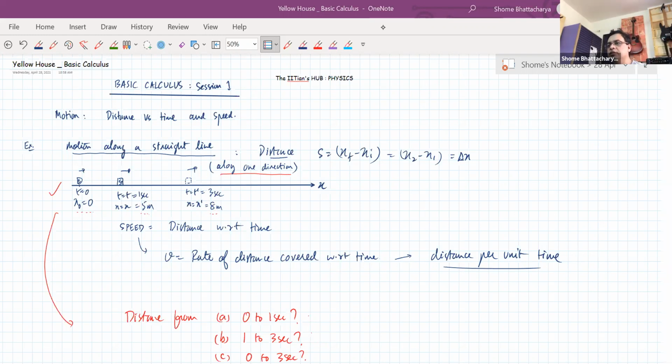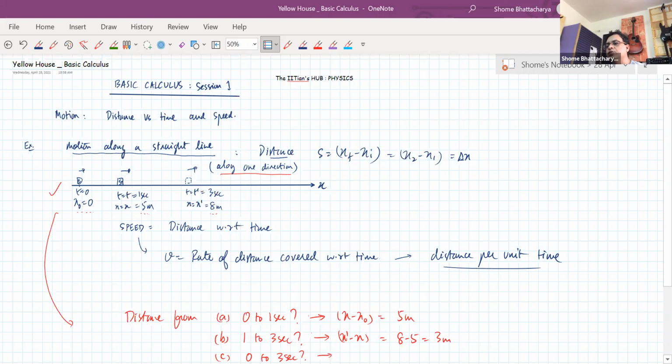Yes, very good, Archit. That's correct. So all of you are getting the answers. As you can see, this should be nothing but x minus x naught, according to how I've written it. So it should be 5 meters. This should be x prime minus x, because 1 to 3 seconds. So this should be 8 minus 5, or 3 meters.